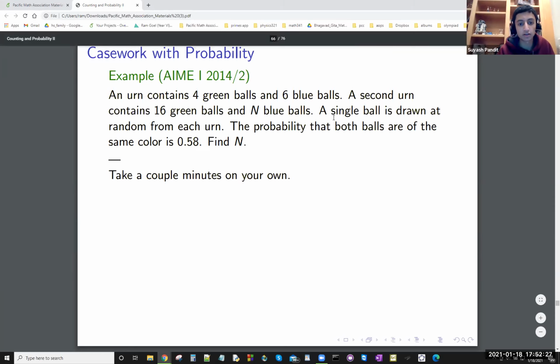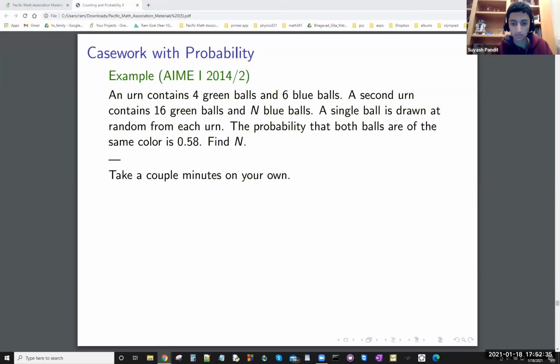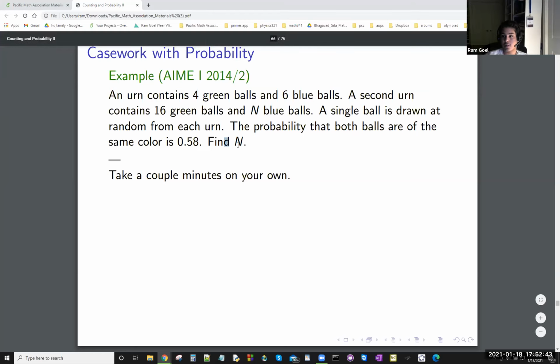As a hint for casework, yeah, an urn is just a bowl. Yeah, casework, somebody's asking what does casework mean.